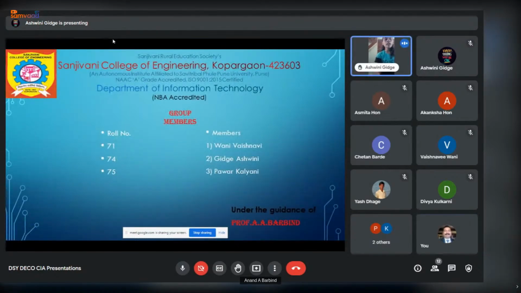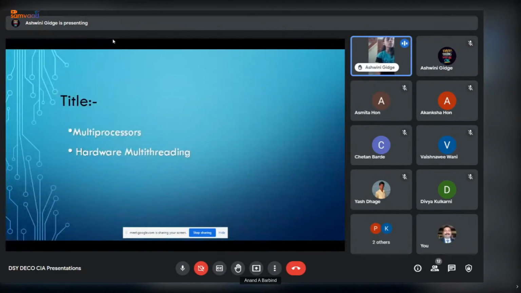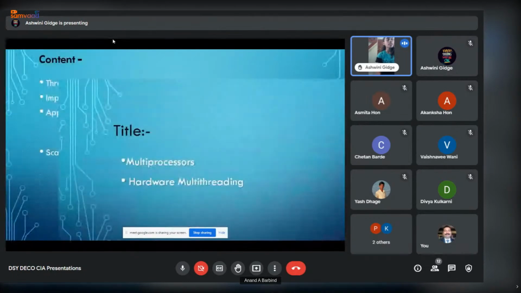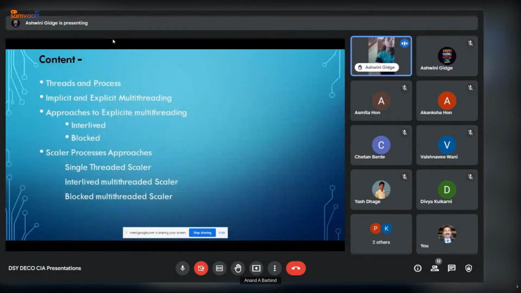Good morning all, I am Ashwini Gidge. Today we are going to present our CIA presentation on the topic of multiprocessors and hardware multithreading. Here is the content of our presentation: threads and process, implicit and explicit multithreading, approaches to explicit multithreading. Then we will see interleave and block.